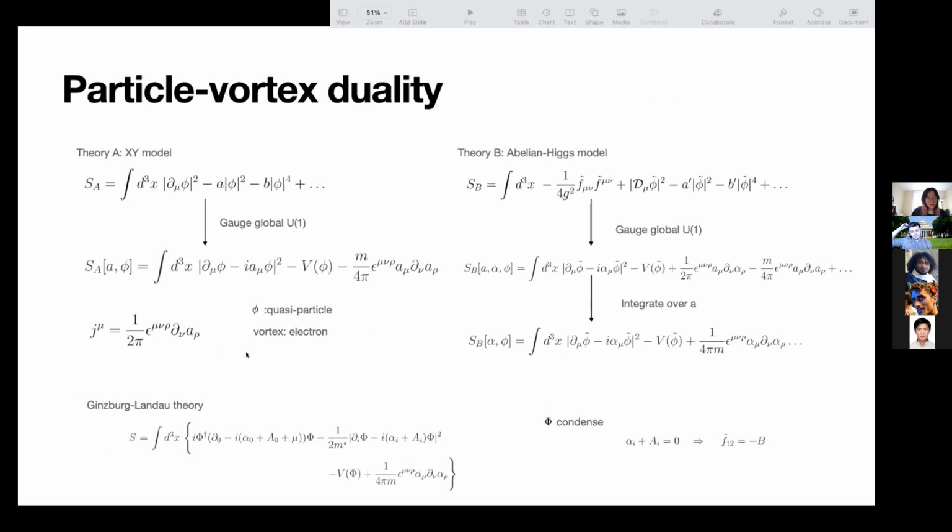Then this vortex is actually an electron, and the phi quanta give the quasi-particle. But in the dual description, these two get reversed.